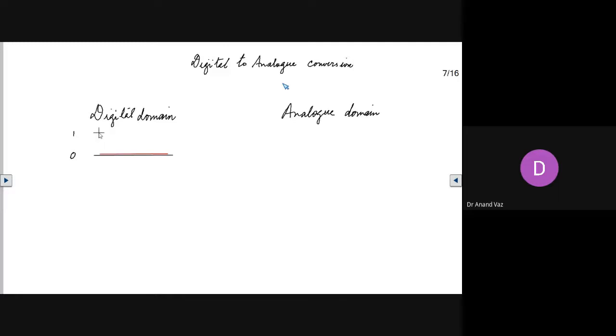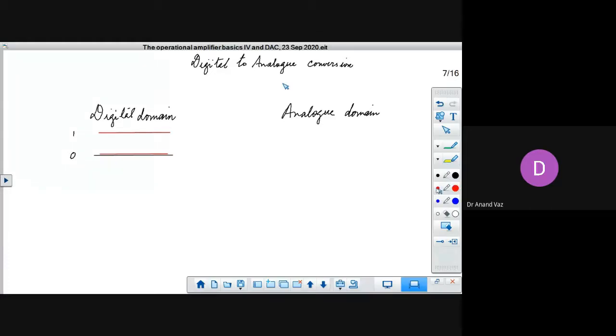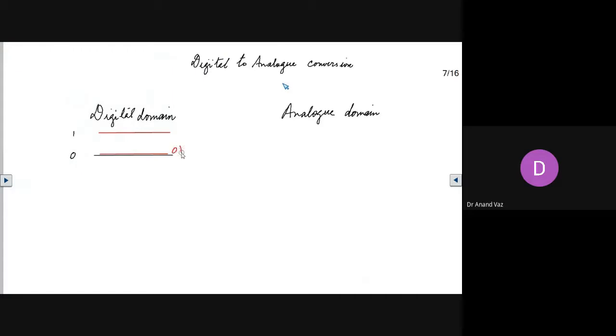So here you have another signal which is 5 volts. So you have two levels like this. You may consider this as 0 volts and 5 volts. In fact, it depends on what system you follow. It's not necessary that 5 volts corresponds to 1. It could be 3.12 volts as well.